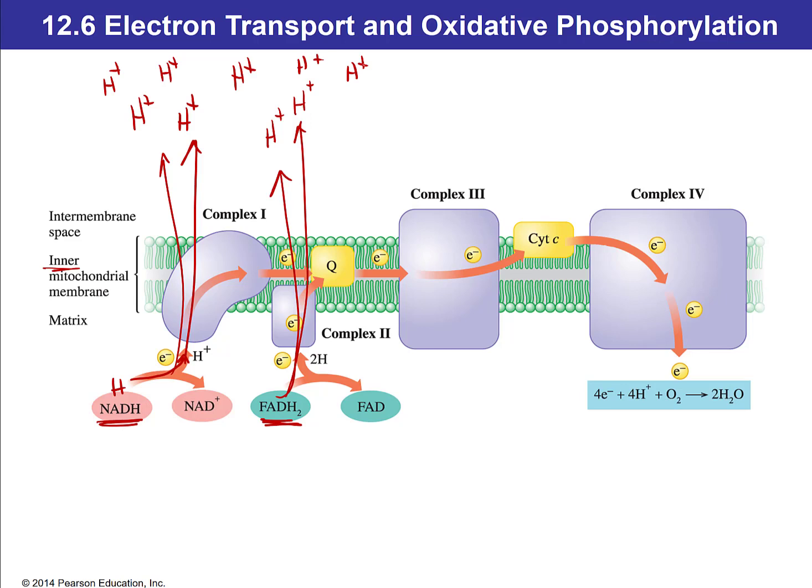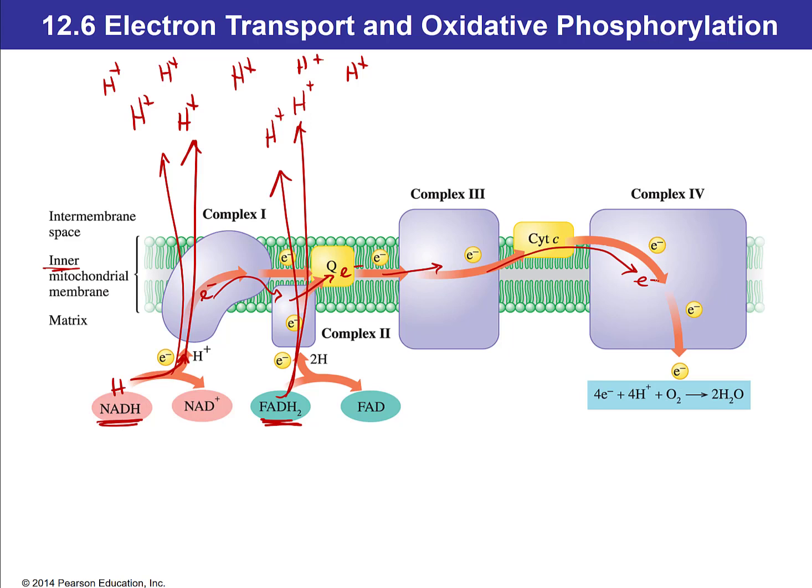The purple complexes are really just proteins that act as enzymes, and they pass electrons. They pass electrons along from one to the next, to the next, to the next. And that's why they call this electron transport, because it transports electrons along this membrane.